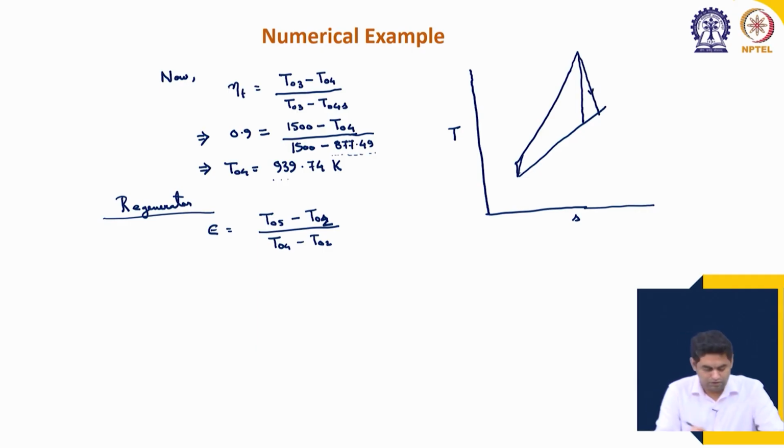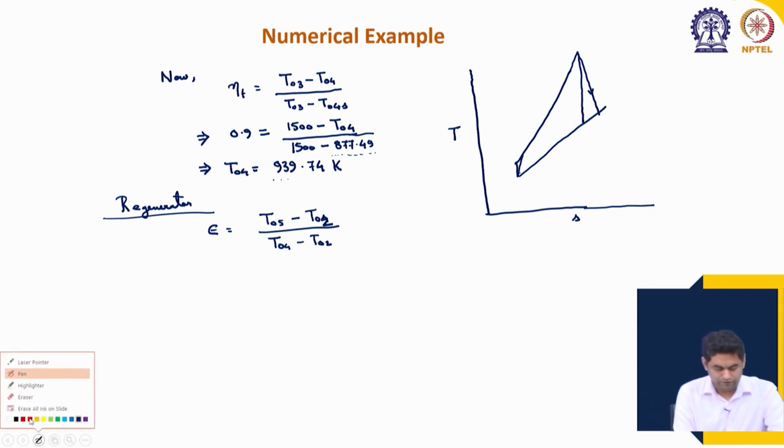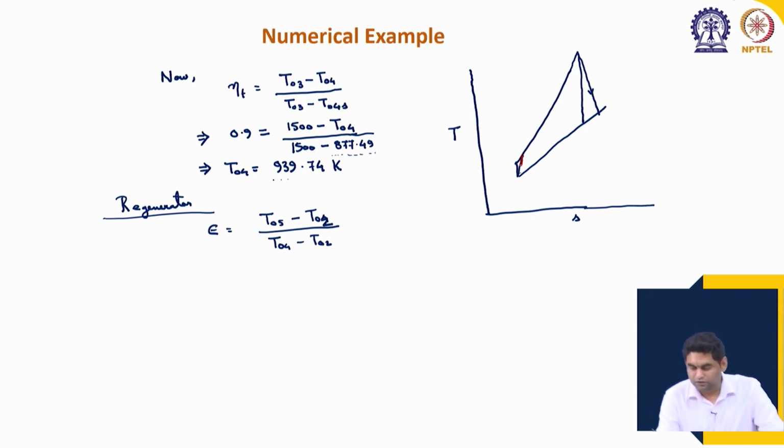Okay. Now, this is much better. So, this is from 0,1 to 0,2 compression, 0,2 to 0,5 regeneration, 0,5 to 0,3 conversion, 0,3 to 0,4 expansion in the turbine.